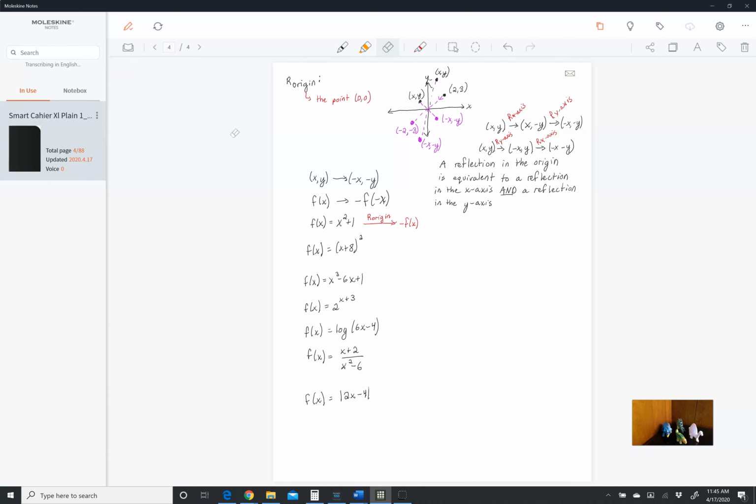So negative f of x is equal to negative times x squared plus 1. So negative f of negative x is equal to negative, and then we're going to take the negative x squared plus 1. Now this is a case where it might be more helpful to distribute this negative first and then replace the x with the negative x. Okay, but this is what it looks like.